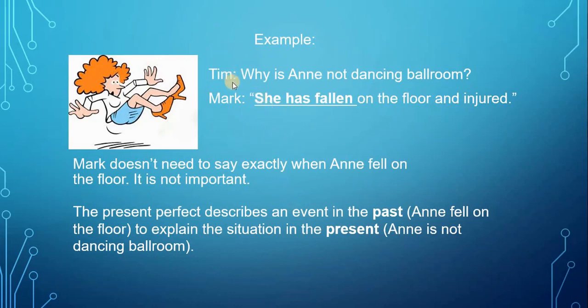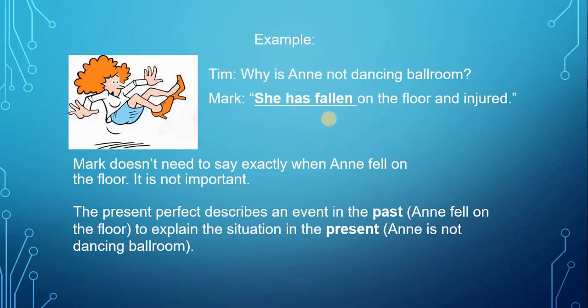Example: Tim, why is Anne not dancing ballroom? Mark says, she has fallen on the floor and injured. The underlined words here, she has fallen, are the present perfect.